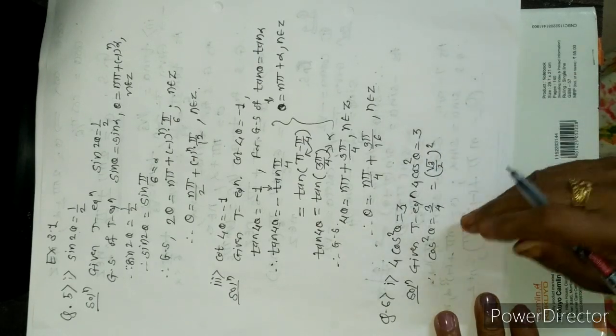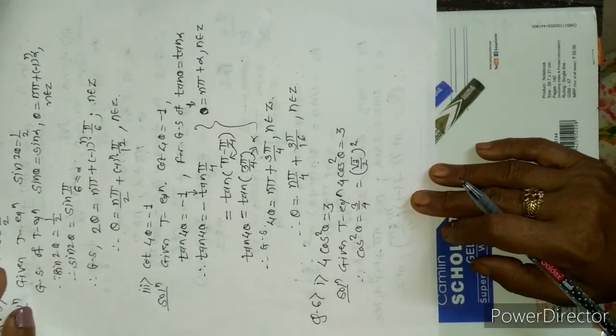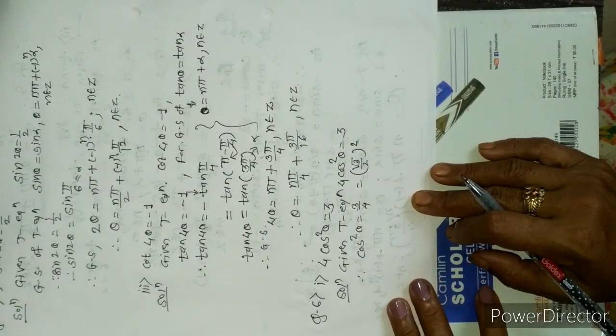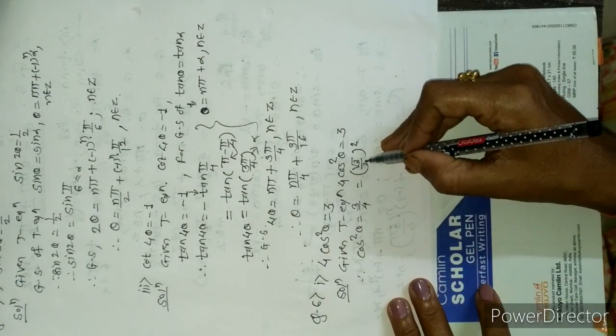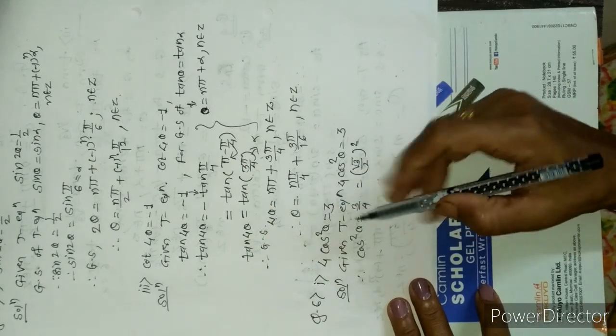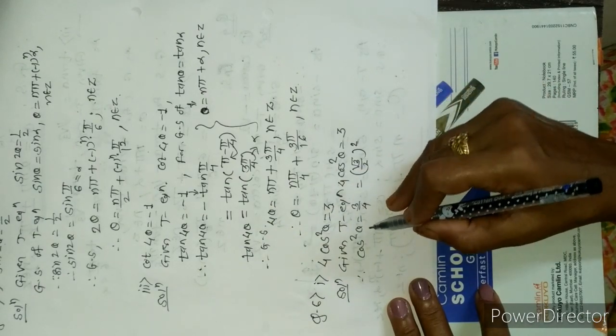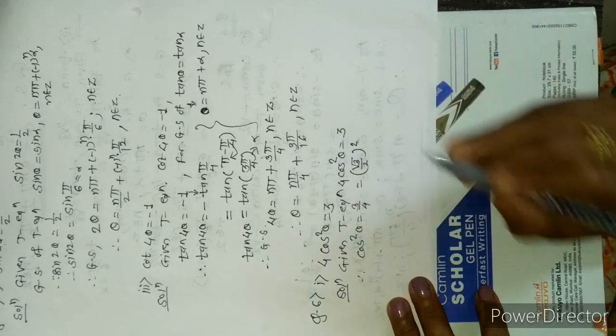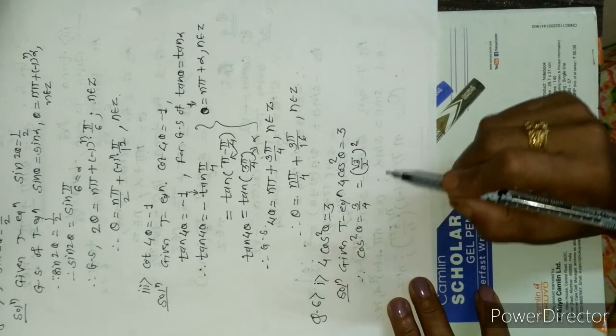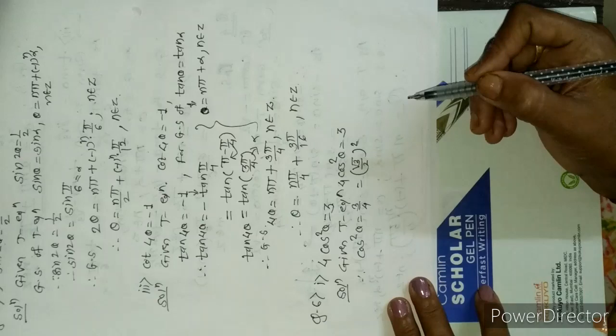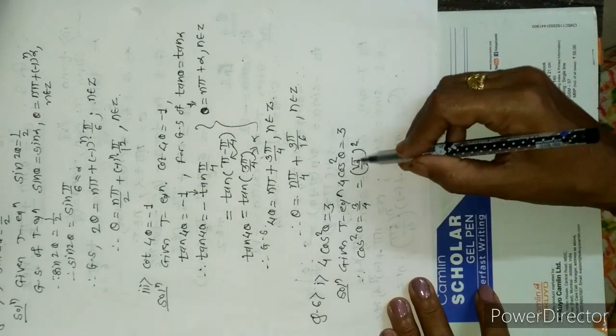Now we find the value of that angle for the cosine ratio. As we know, sine pi by 3 is equal to root 3 by 2, and therefore cos pi by 6 is equal to root 3 by 2. Cos 30 is nothing but sine 60, and this is the value for sine 60.